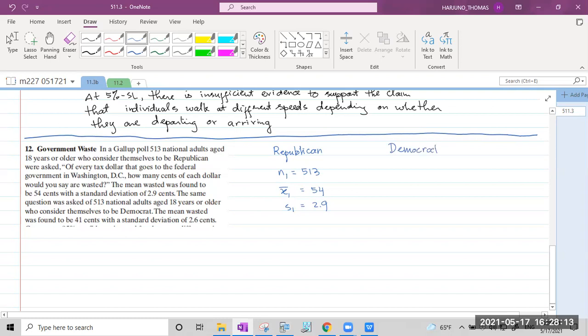So what you need to do first is arrange the information. n is 513, and the mean wasted is 41 cents and sample standard deviation 2.6.